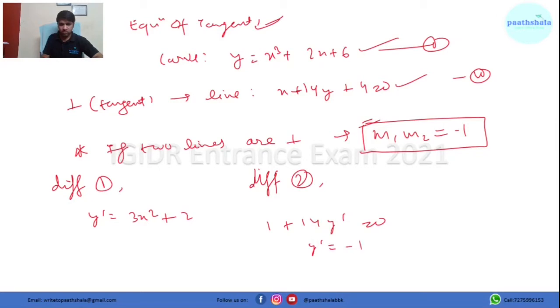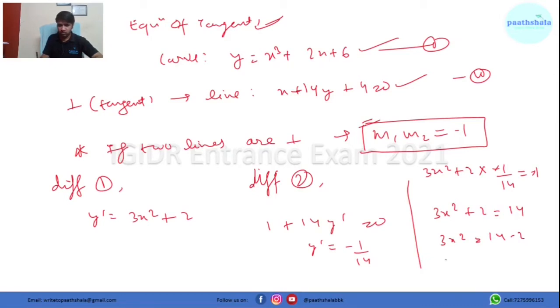Here we are getting minus 1 by 14. Now by this condition, 3x square plus 2 into minus 1 by 14 equals to minus 1. The minus and minus get cancelled out, so this will come out to be 3x square plus 2 equals to 14. So 3x square equals to 14 minus 2, so x square equals to 4.